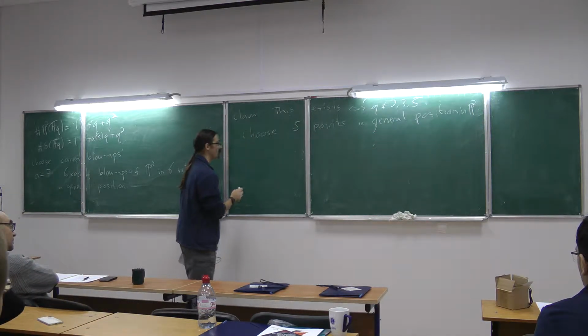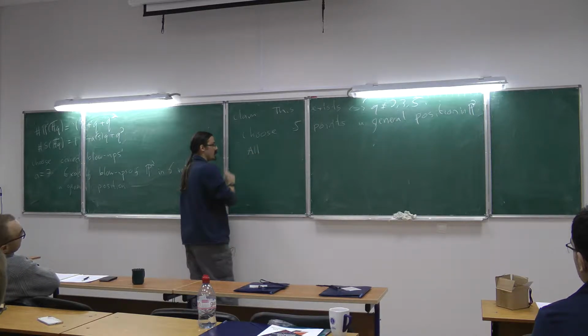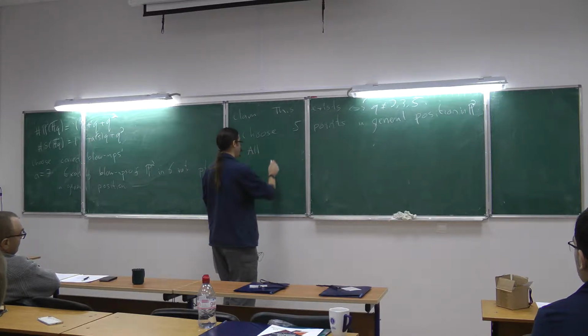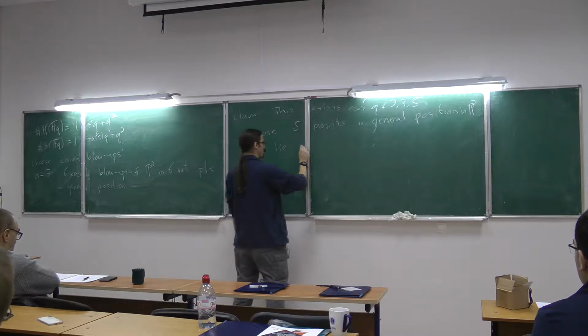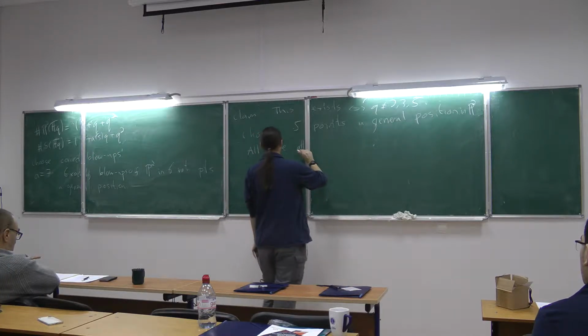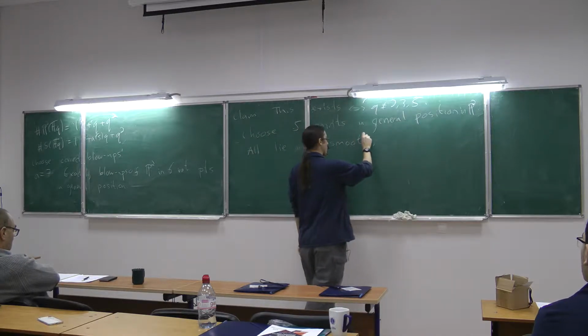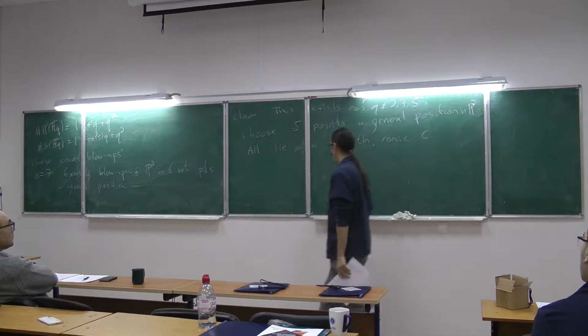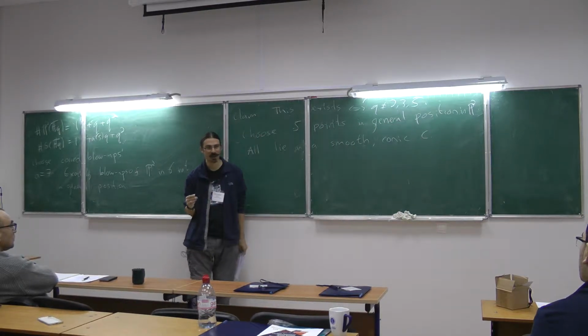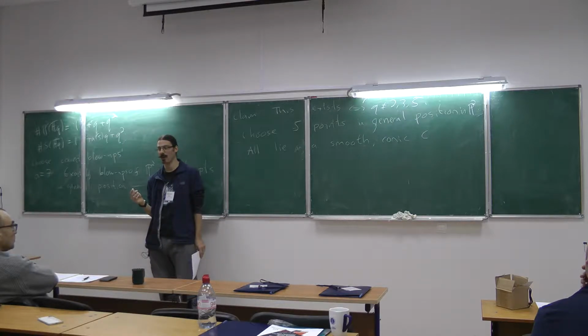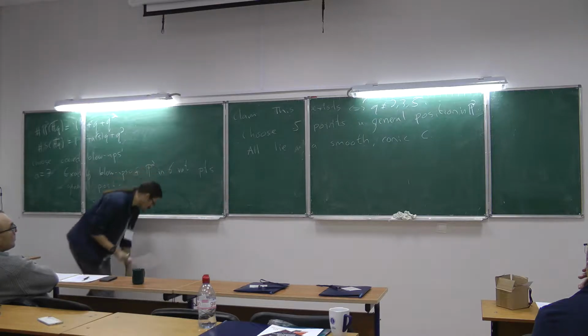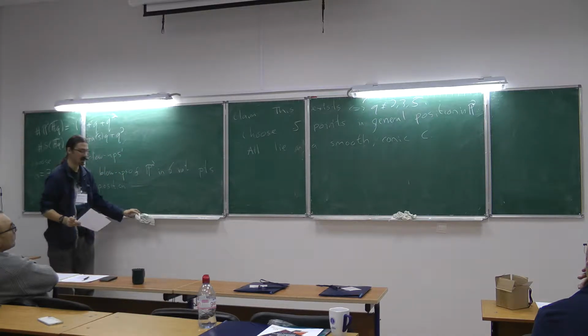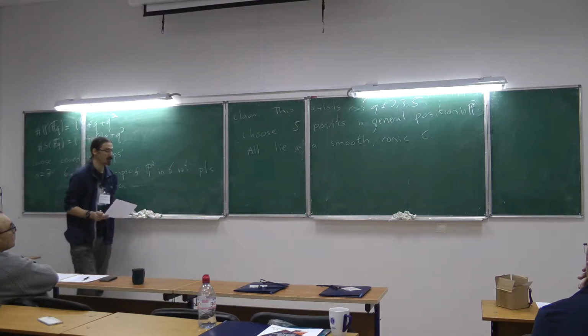If you have any 5 points in P2, they lie on a conic, and since they're in general position, they all lie on a smooth conic C. Over a finite field, any smooth conic, well, any conic even, always has a rational point. There are lots of ways to prove this; you can prove it using Chevalley-Warning.